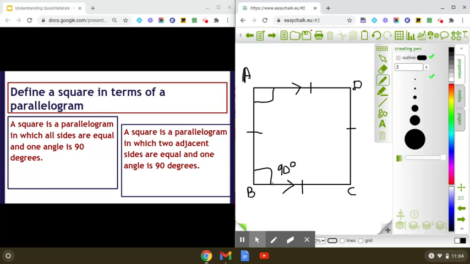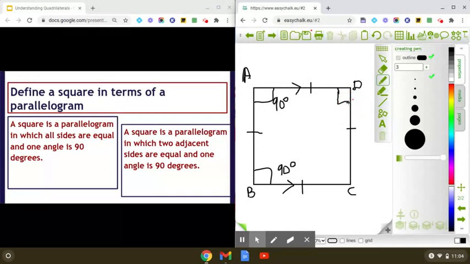So if angle B is 90 degrees, that automatically indicates that angle A is 90 degrees. You don't have to write it, because you say it's a parallelogram in which all sides are equal and one angle is 90 degrees. So that automatically covers that the remaining angles in a square will be 90 degrees each.